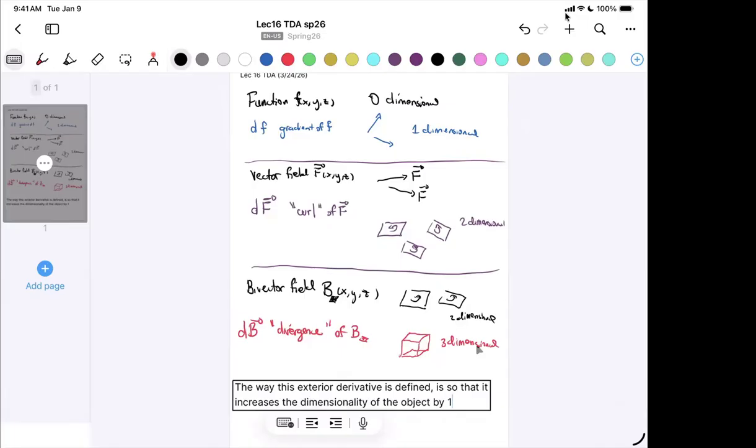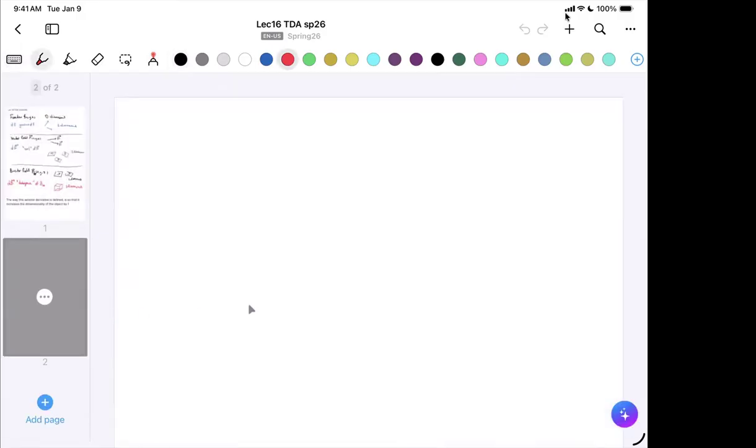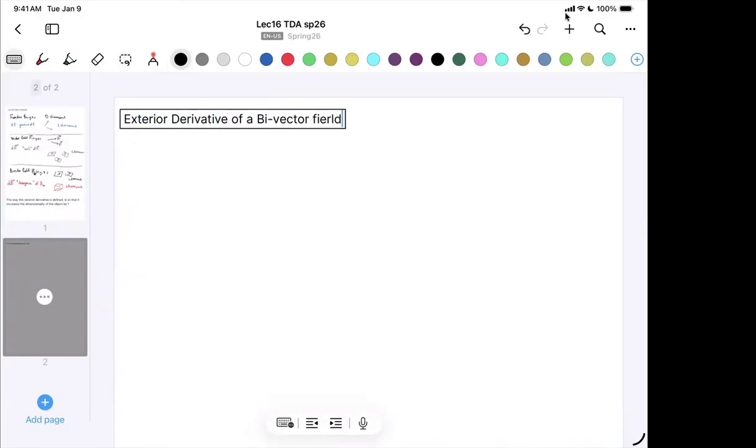So let me show you how that works for this bivector field. And again, the nice thing about working on R3 is that you can be super concrete.